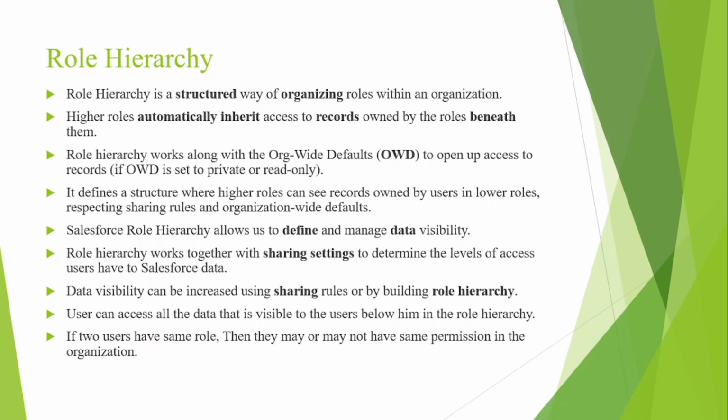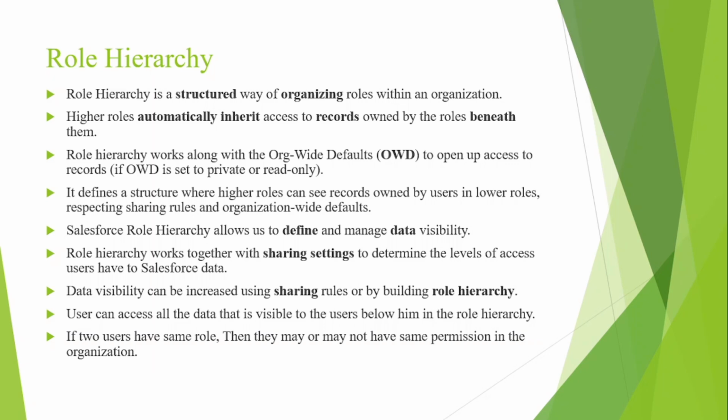Those holding a higher position in the role hierarchy can access the records under them. Means if someone is at a high position, they can access all the records under them. Role hierarchy works along with the OWD, or organization wide defaults, to open up access to records.